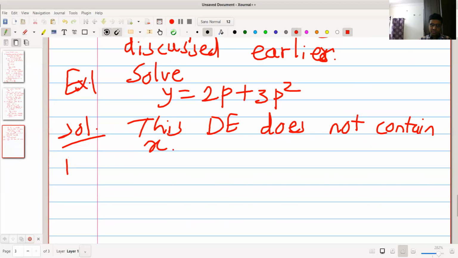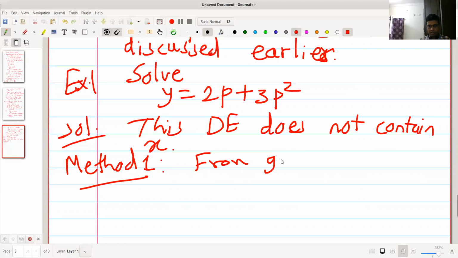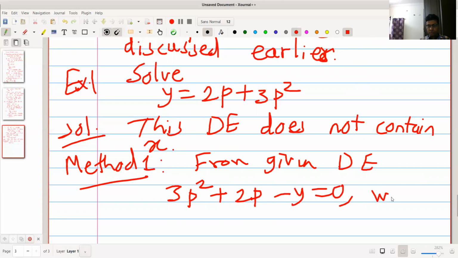Okay, so method 1. The given equation is quadratic in p, so we can find its roots. From the given differential equation, it is 3p square plus 2p minus y equal to 0.